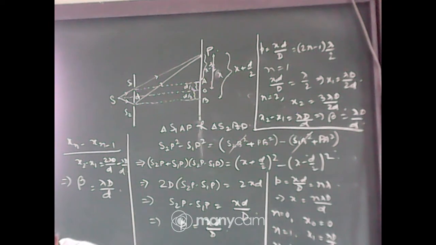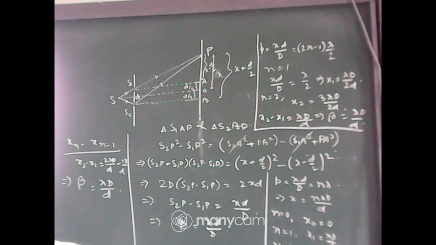Fringe width is the separation between two successive bright or dark fringes. Clearly, both the bright and dark fringes are of equal width, lambda capital D by small d. Hence the expression for the fringe width in Young's double slit experiment can be written as beta equal to lambda capital D by small d.